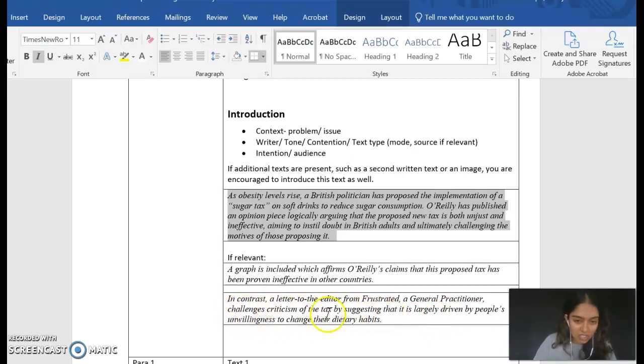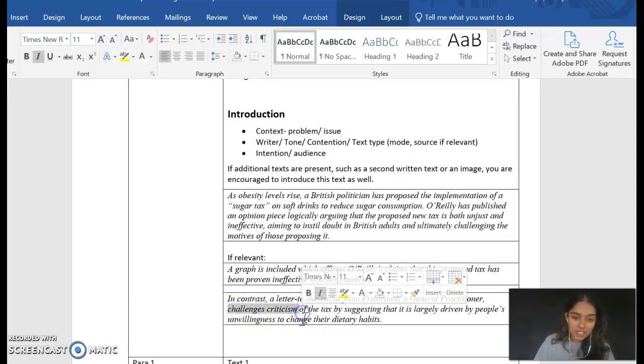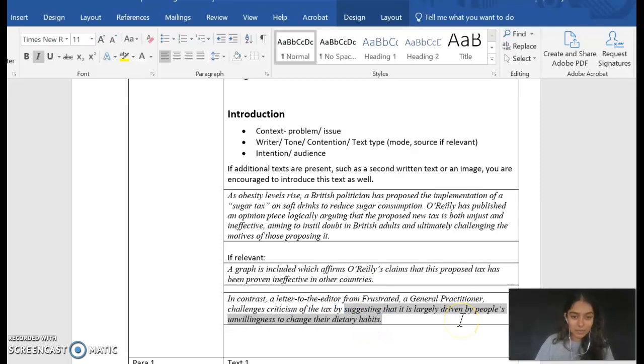That's its contention and its purpose. Purpose is the challenging criticism, and what he's suggesting is the contention. Okay, so that is what goes in an intro. All of these notes that I'm using here are in your booklet, so you guys need to start using that if you haven't looked at it yet.